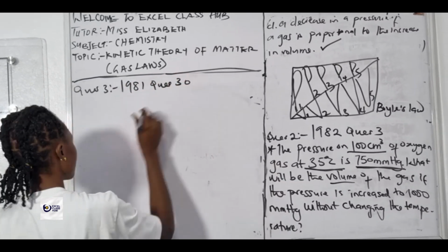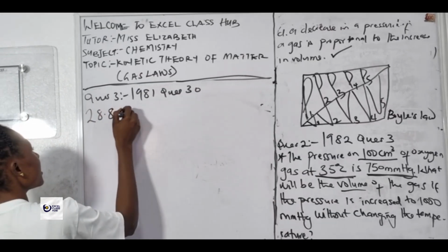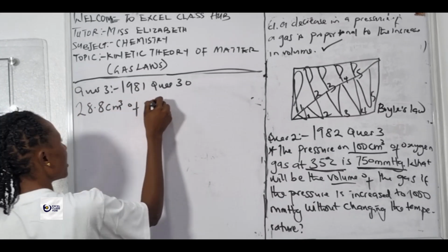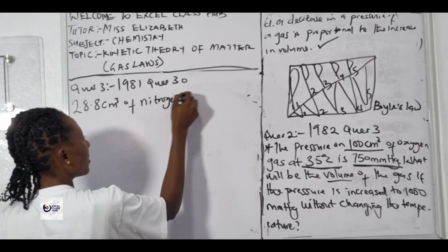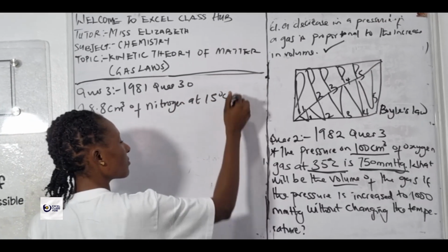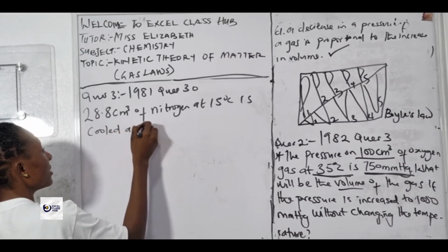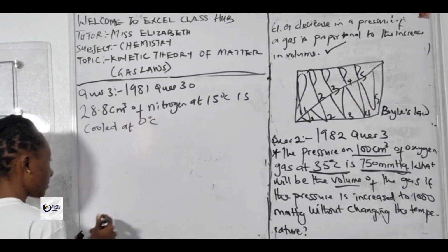Question 30. It says 28.8 centimeter cube of nitrogen at 15 degrees Celsius is cooled to 0 degrees Celsius at constant pressure.